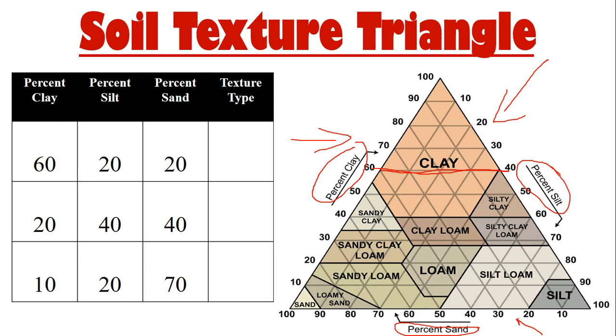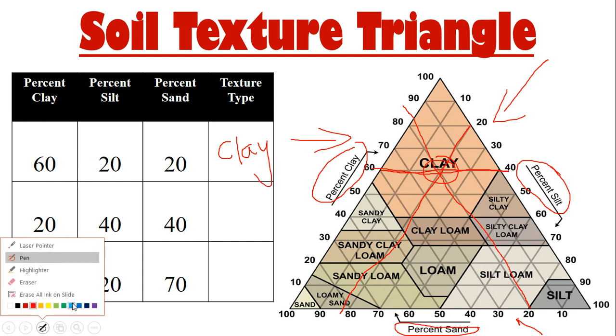You find 20, and you draw your line across. Right now we see where two of the lines are intersecting, but we still need to see where the next line will intersect. The next one is percent sand. That's at the bottom, so you read right to left here. You find 20, follow that line up, and you get clay right here. So the texture is clay.